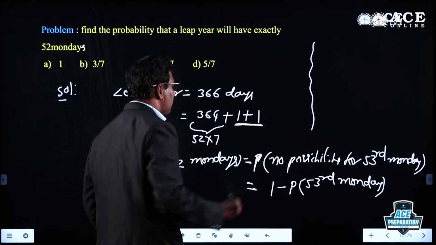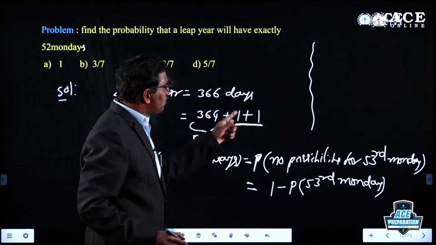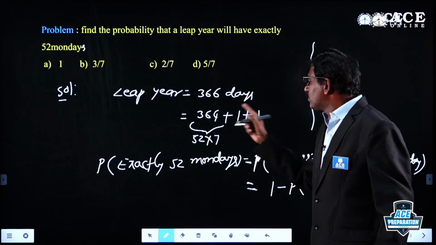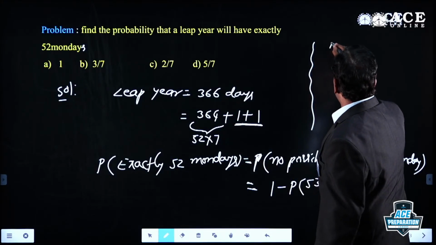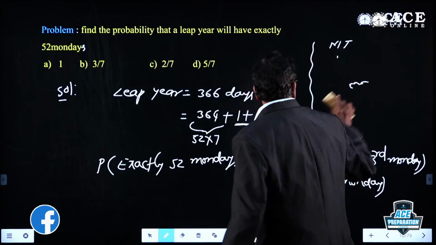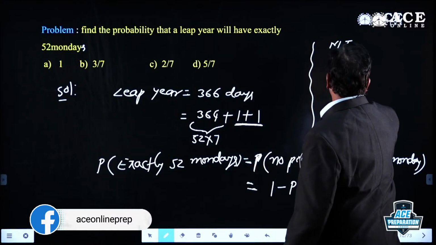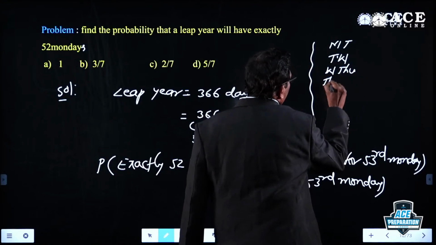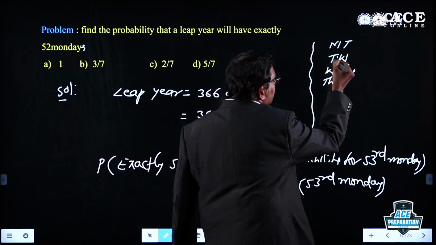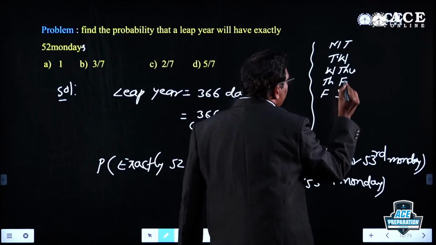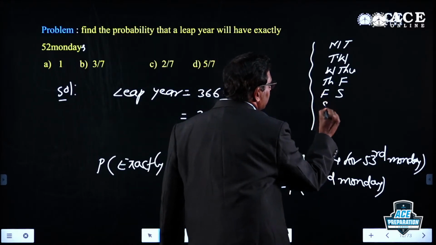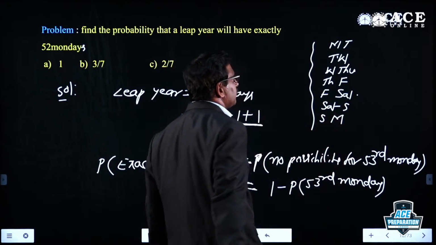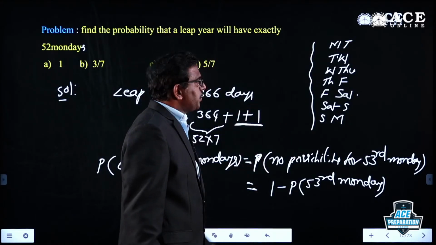Only in these 2 extra days is the 53rd Monday possible. Suppose the 364th day ends with Sunday, then these 2 days may be a Monday Tuesday combination, or Tuesday Wednesday, Wednesday Thursday, Thursday Friday, Friday Saturday, Saturday Sunday, or Sunday Monday combination. These 2 days are consecutive days.